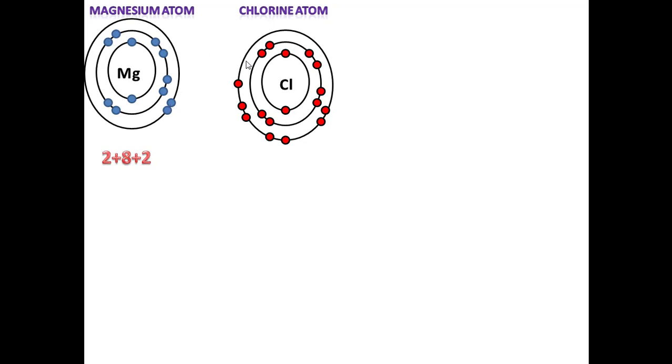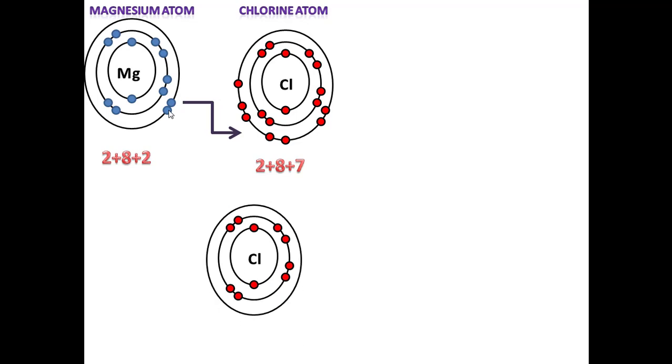But we still have a problem. 1 electron remained. Well, here, what to do? So we have to draw another chlorine atom, okay, just to compensate the shortage. And here we'll transfer another electron from magnesium atom to another chlorine atom. What happens as a result of the transferring of electrons between magnesium and 2 chlorine atoms?